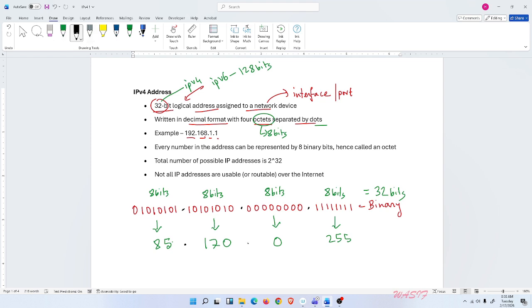The conversion will look like this. And in the same way, the conversion of 85 will be this to binary, 170 will be this, 0 will be this, and 255 will be this. I think you've got a little bit of idea what an IP address is and what it looks like.